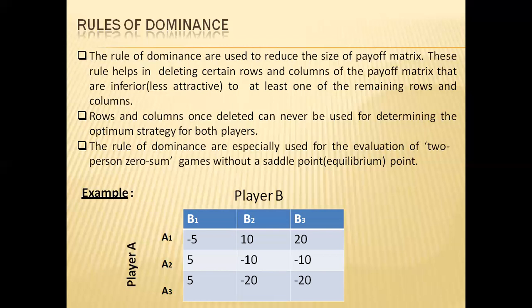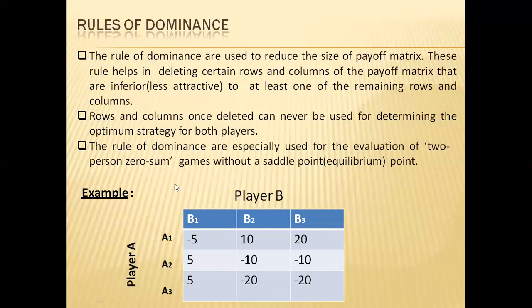So if any one person achieves the greater score, obviously the other person will be on a decreasing strategy, and that decreasing strategy of row or column will be the removed strategy. That leads to the rules of dominance. So for the dominance rule to apply, there should not be any occurrence of a saddle point.